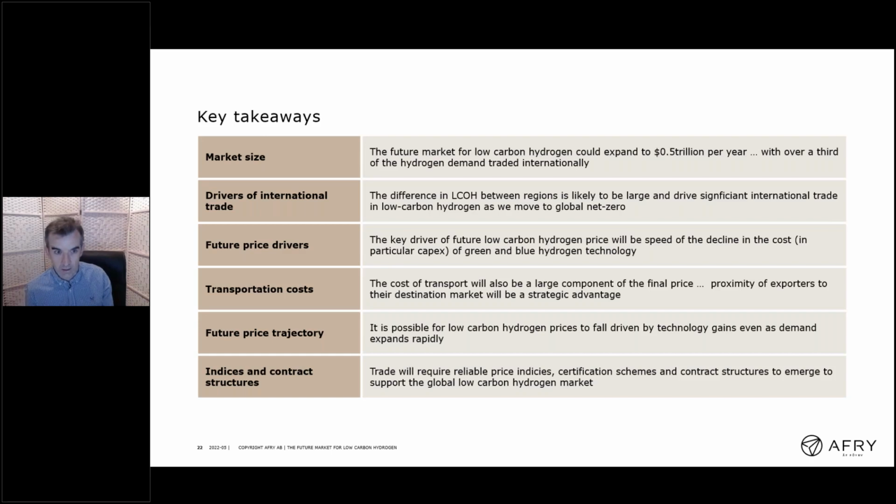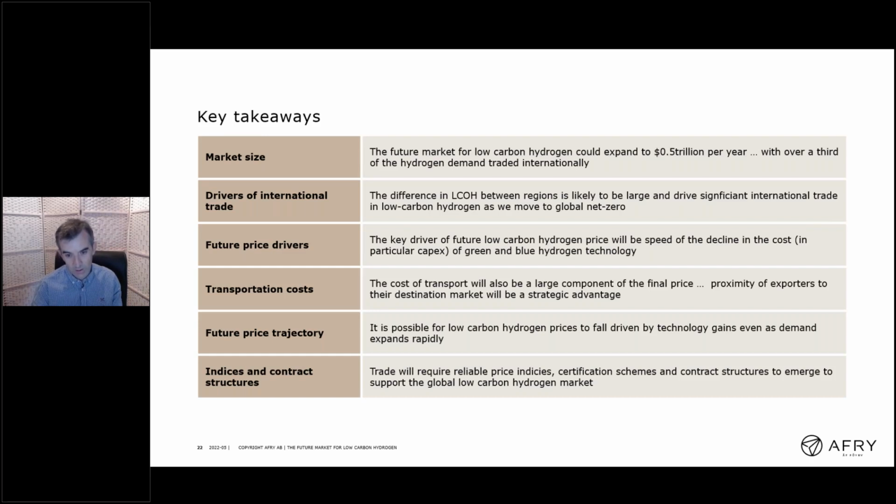So we will need, in the long run, low carbon hydrogen price indices, and I know some of the price reporting agencies have started that, but we need to get much more reliable price indices, and also contract structures, which I think is a real barrier to some of the export projects today, with developers wanting fixed prices and off-takers wanting prices that are linked to the current hydrogen price.